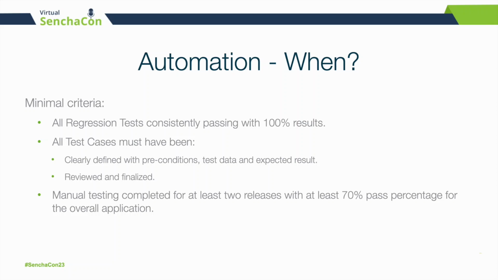These test cases should be reviewed and approved for automation particularly. Make sure that at least a couple of rounds of testing is done on our application with 70% pass results. That will define the application stability.